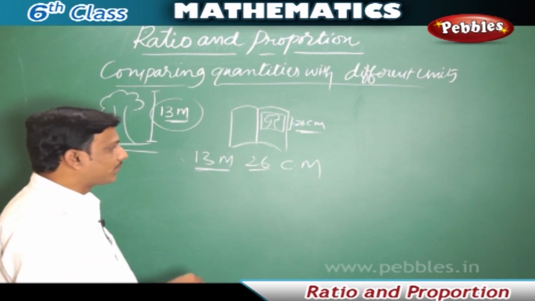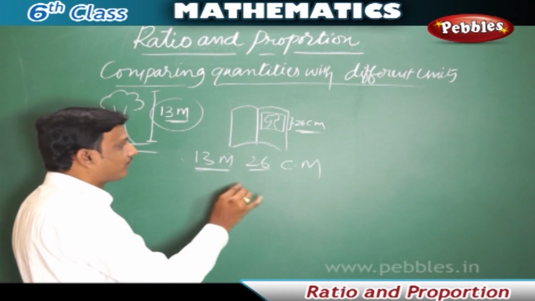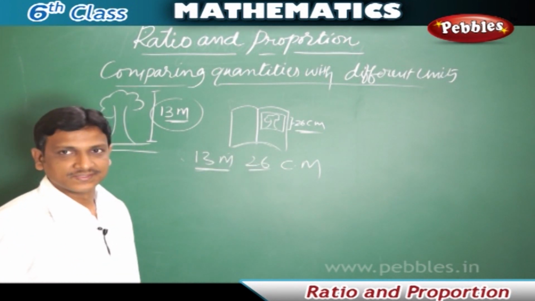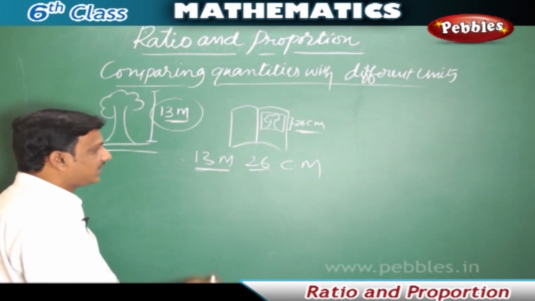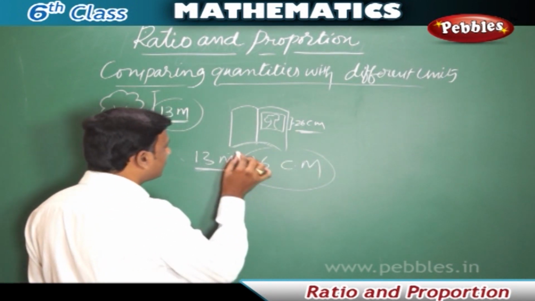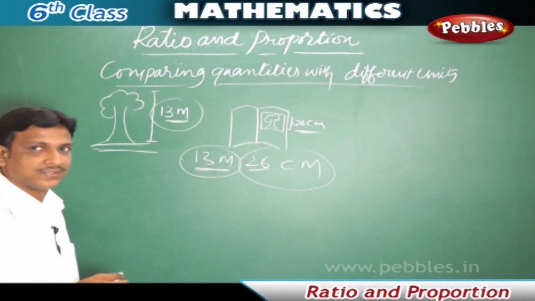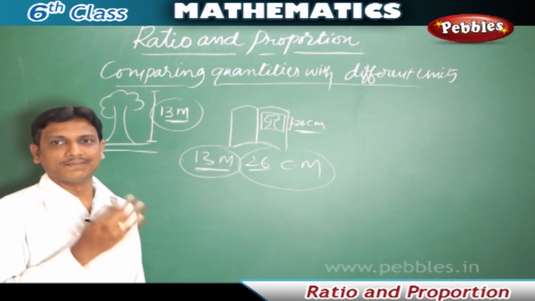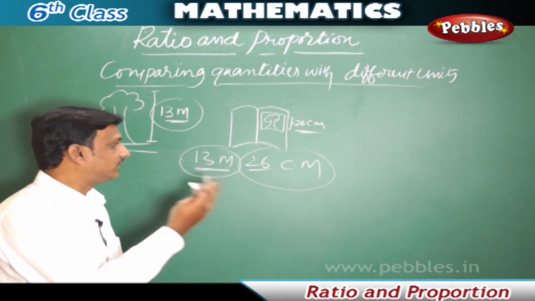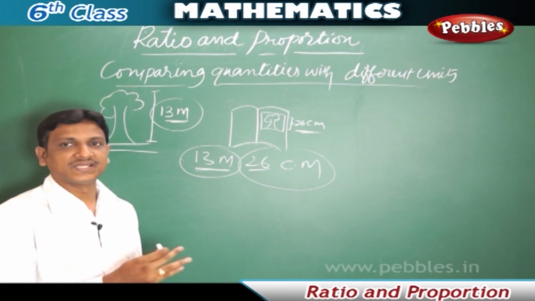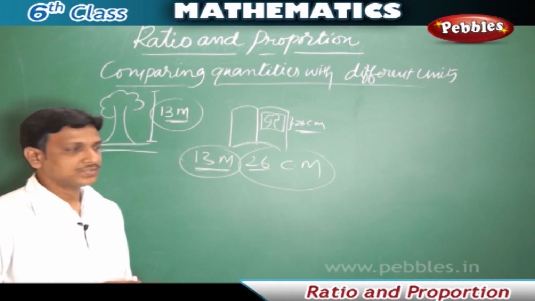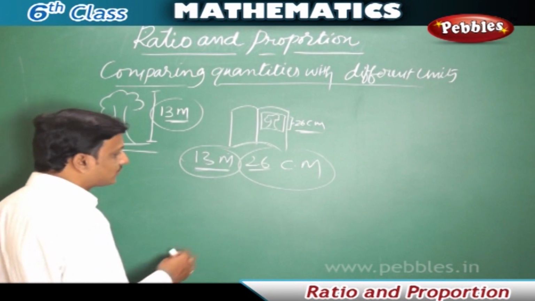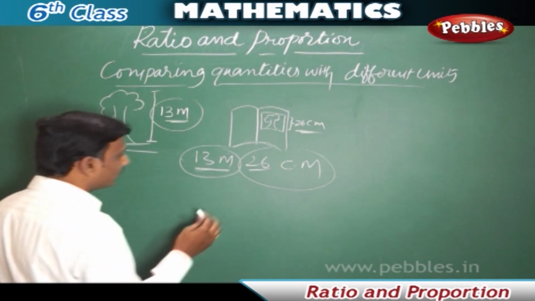Now we understood one point, that both the values are not of same units. The units are different. Here the units are centimeters, here the units are meters. But before we go for a comparison, both the values must have the same units. So now we make these values to the same units.